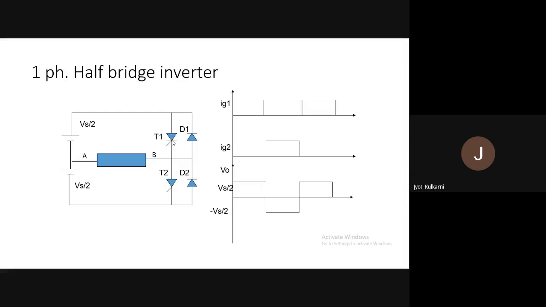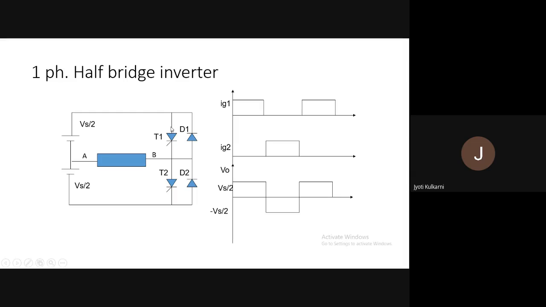That is, in the downward direction. How will the current flow from the supply? The current will flow from the upper plate of the Vs by 2 upper battery. Then from the upper plate, it goes to the anode terminal of T1, the upper terminal of T1.